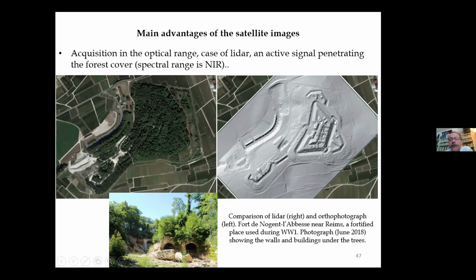This was a fortified place because the area was used during the First World War. And this place was occupied by the Germans, and the Germans used this place during 4 years during the war.